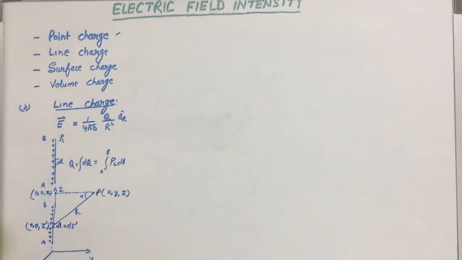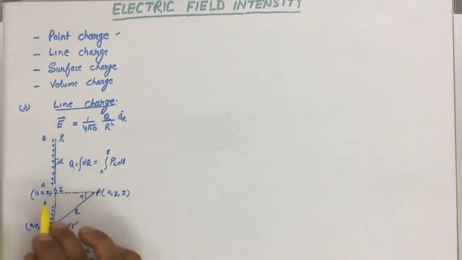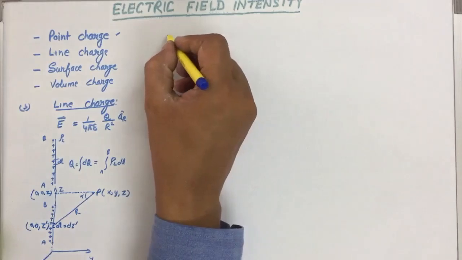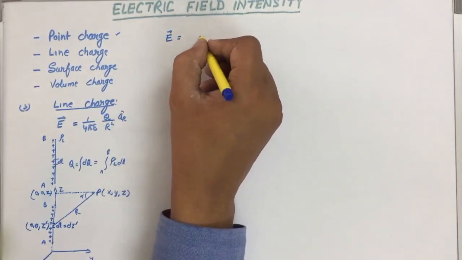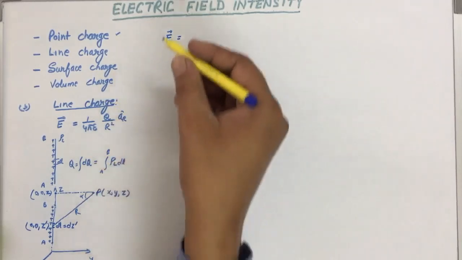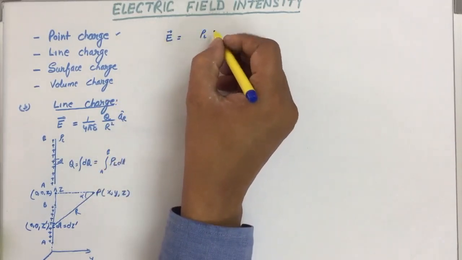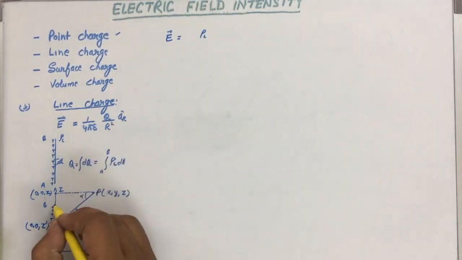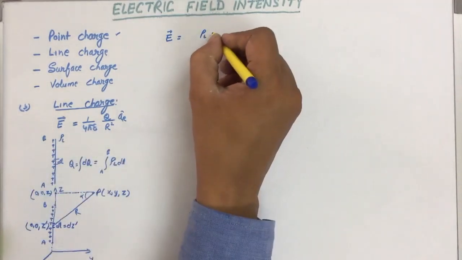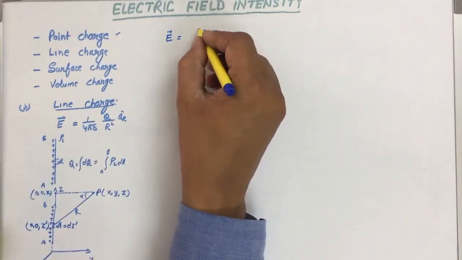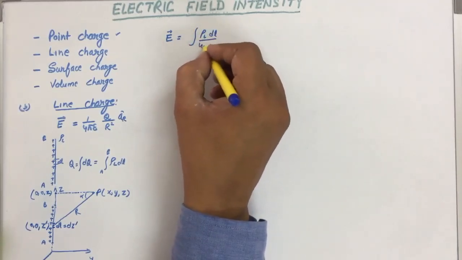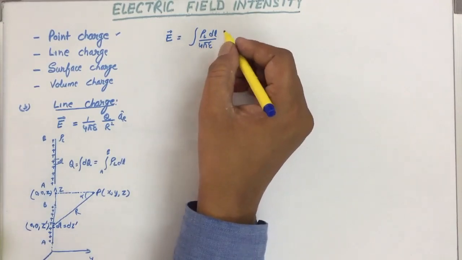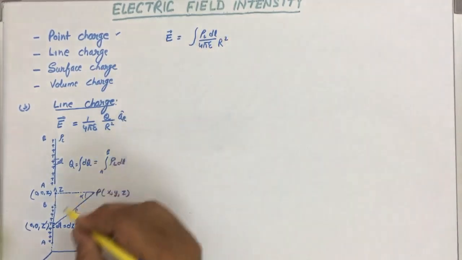Now if we have this condition and we wish to find the electric field intensity, then we can write rho L, the density of the charge distribution, rho L dl, divided by 4 pi epsilon r square.